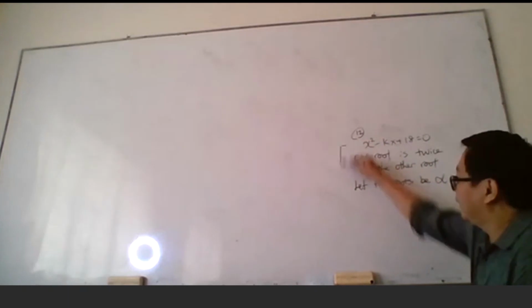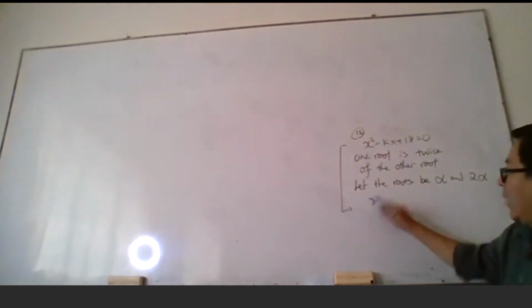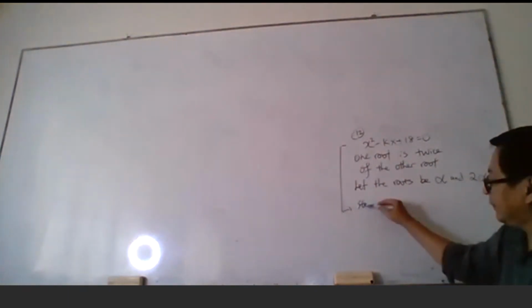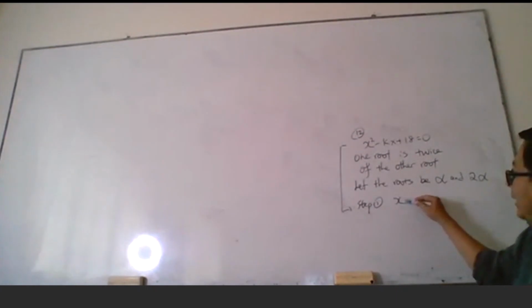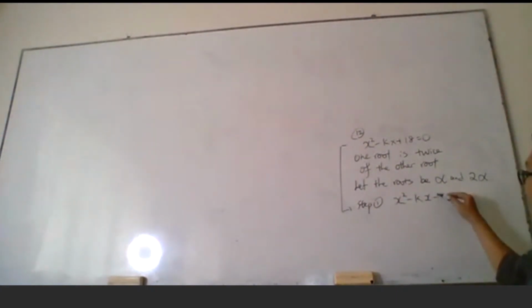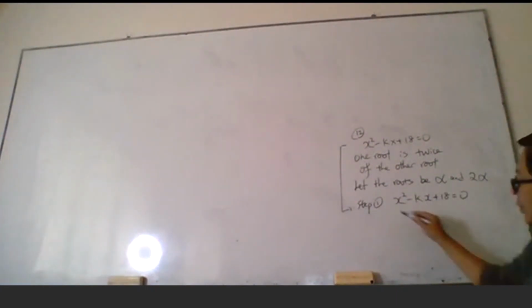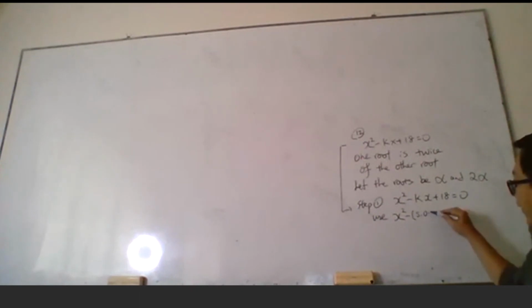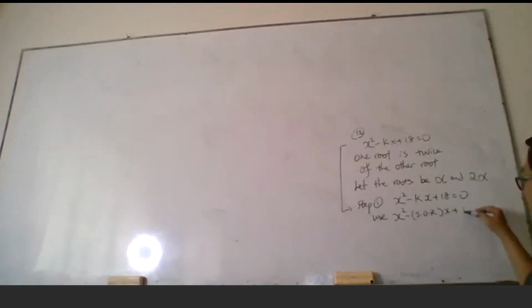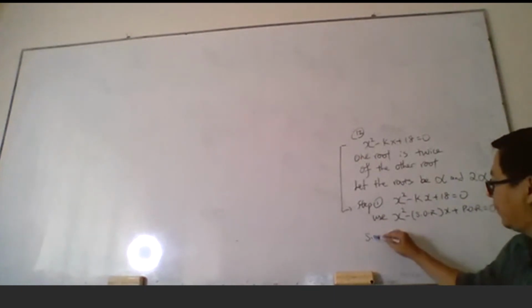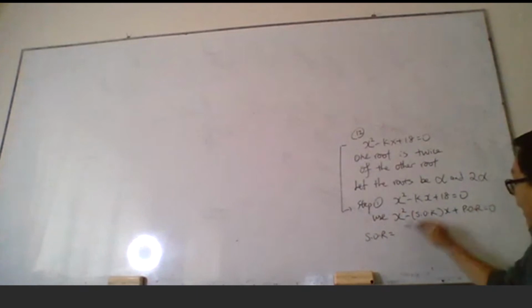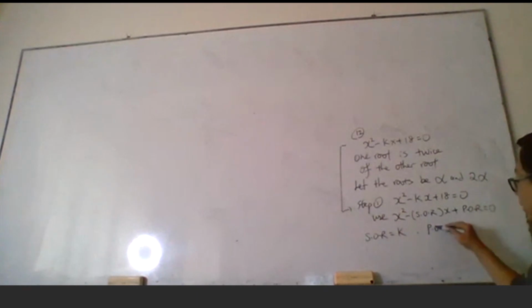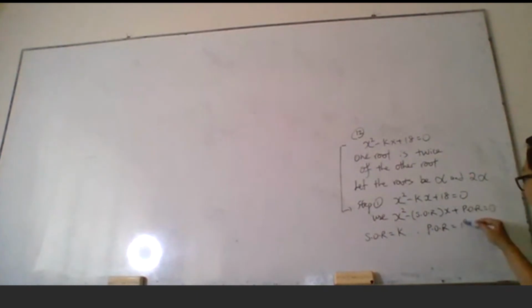Okay, so step 1. x squared minus kx plus 18 equal to 0. So we use x squared minus sum of the roots x plus product of the roots. The sum of the roots, you get k, and the product of the roots, you get 18.